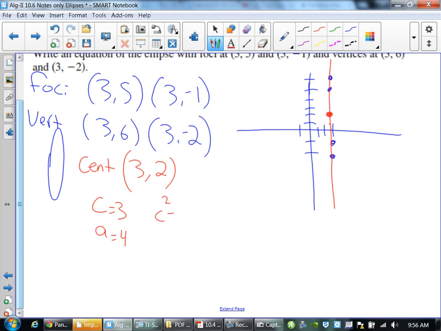C squared is 9. A squared is 16. To find B squared with ellipses, 9 is 16 minus what? 7. So B squared is 7.